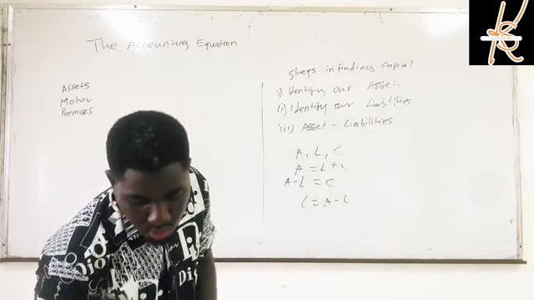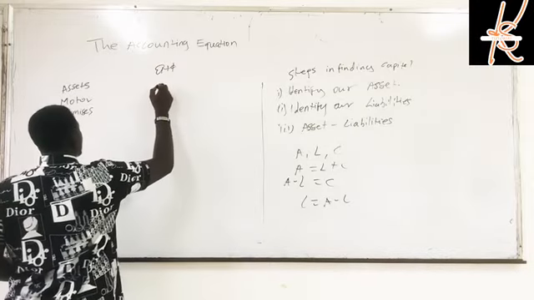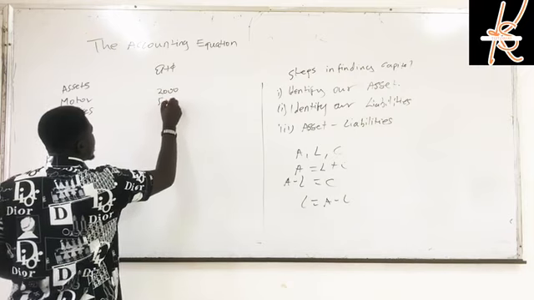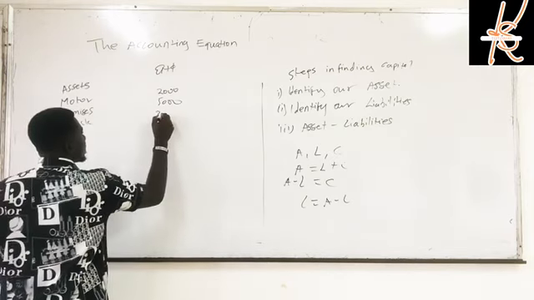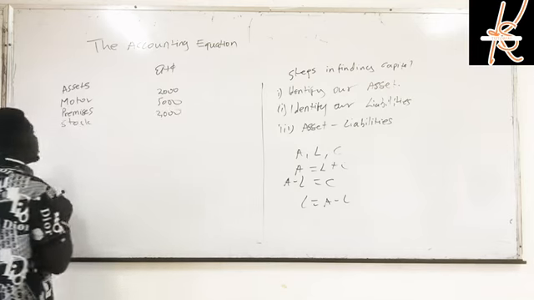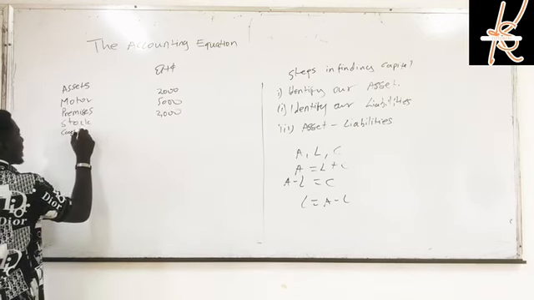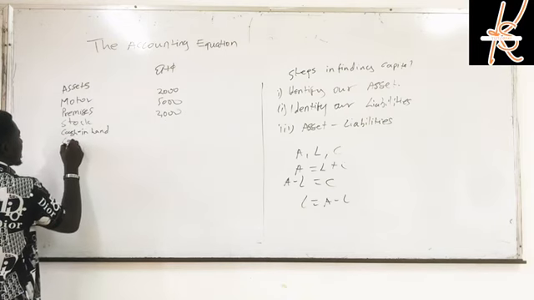Premises is 5,000. We have stock, 2,000. And then we have cash in hand, and then we have cash at bank.